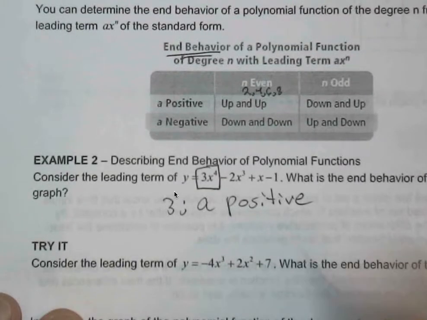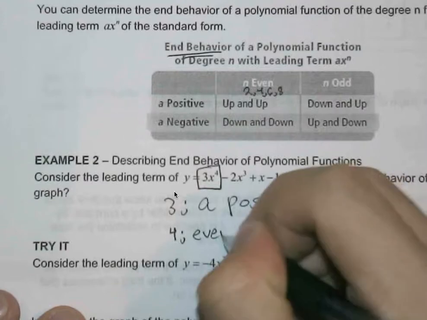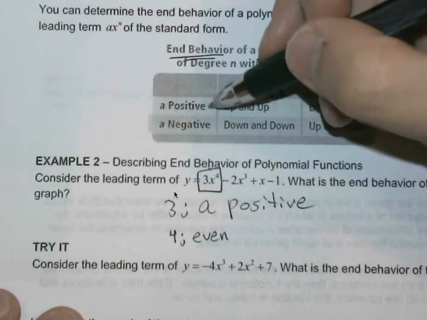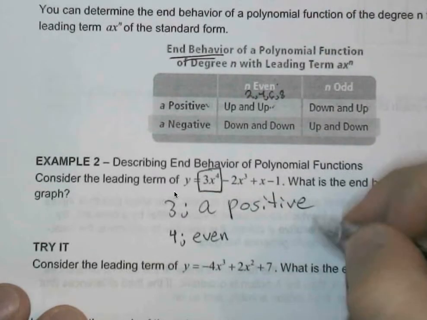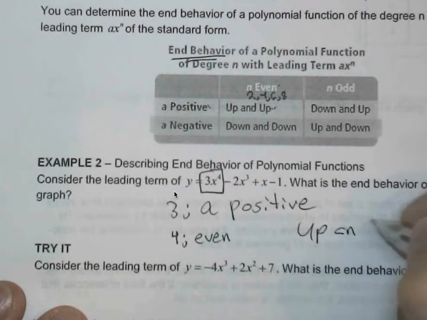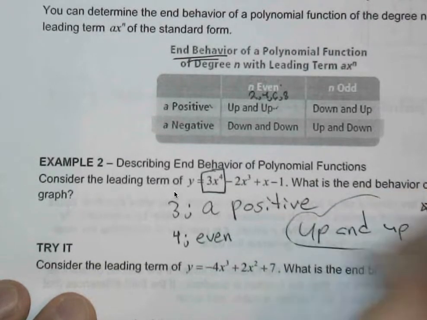We know that 4 is our exponent, and that's even. So if we look at the table, we're looking for where a is positive and n is even. We can say that this is going to go up and up. So it should look something like this. Take this time now, pause, try the next one.